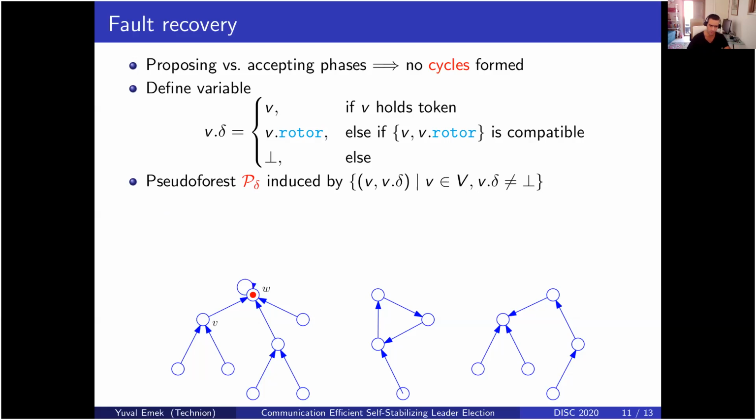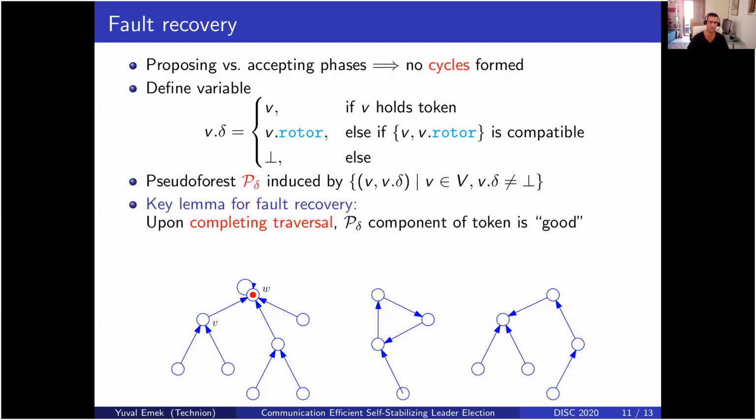Now we use those basic observations to prove the following key lemma, stating that if a token completes a full traversal of its P delta component, then the component must be good in some sense that I will not explain exactly now.